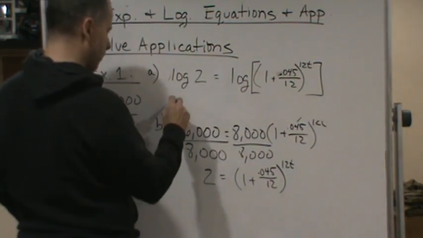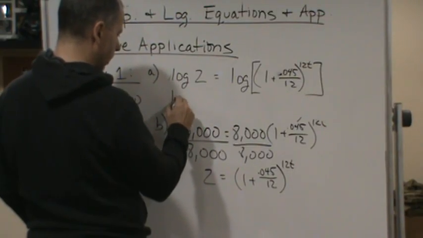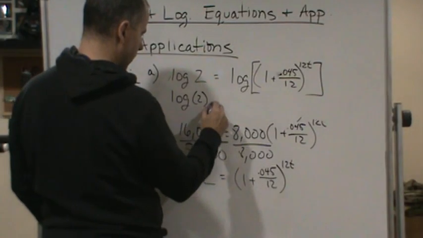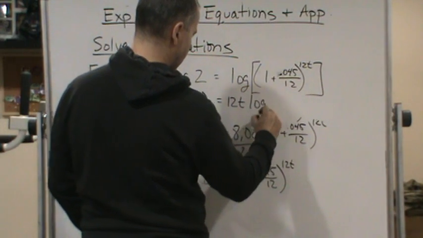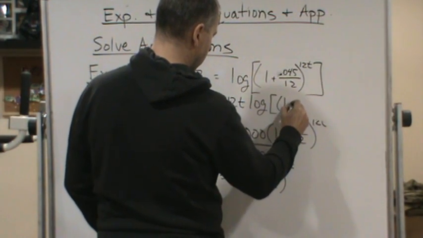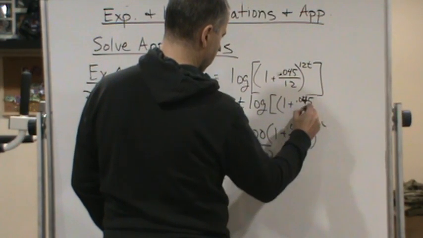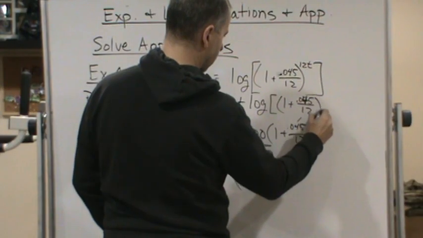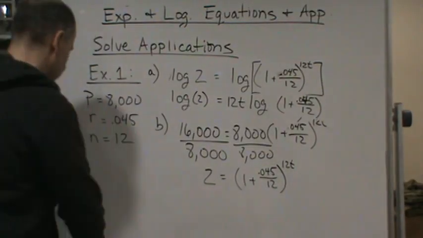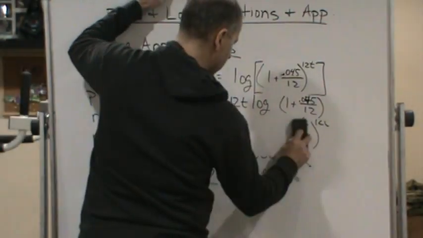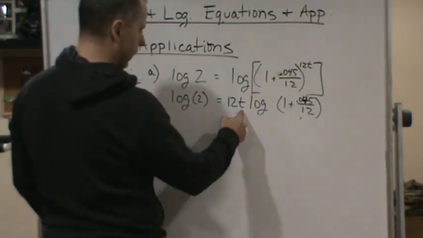So what we're going to end up having is log of 2 is equal to 12t times the log of 1 plus 0.045 divided by 12. Okay? And so now we can solve for t.